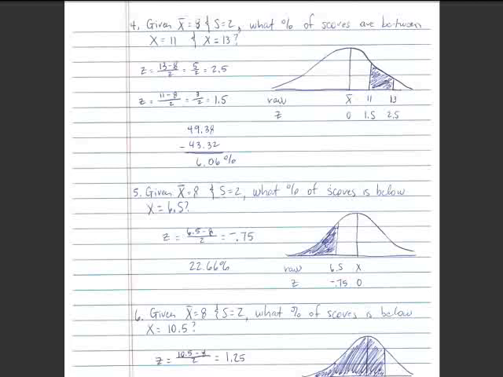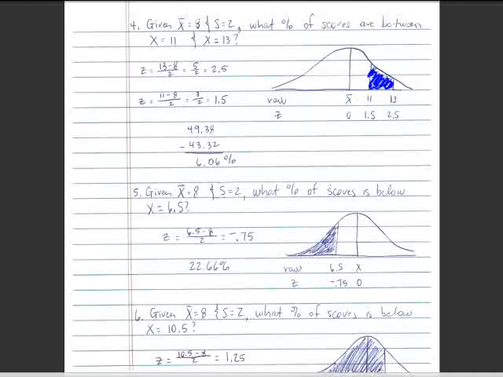The difference now is that both of the raw scores are above the mean. So we have to identify them, and again I've shaded in the area we're looking for. What I have to do next is identify the z-scores for each of those.